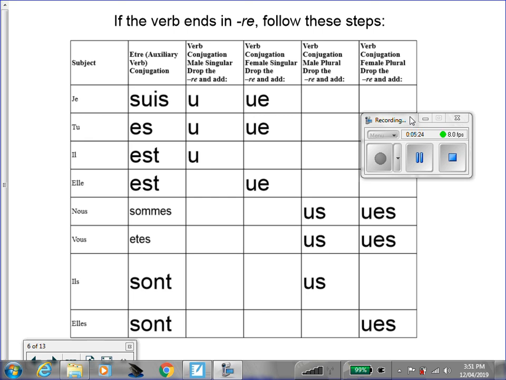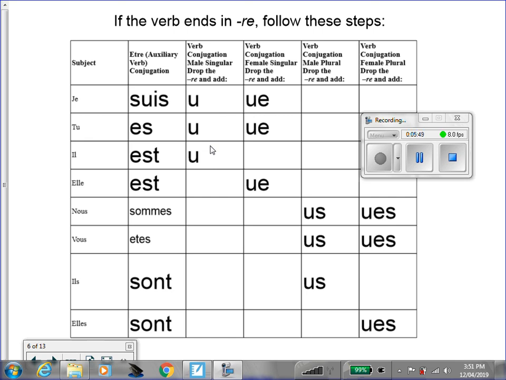In the case of RE verbs, we still write our subject, we still conjugate être. The cases for masculine, feminine, singular, plural remain the same. This time, though, what changes is the RE changes to a U.